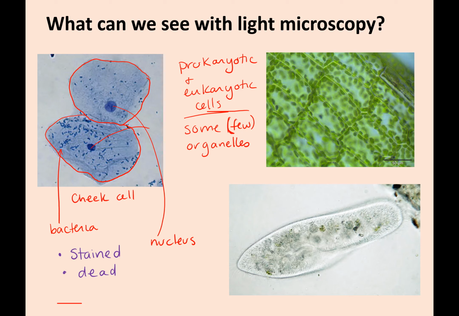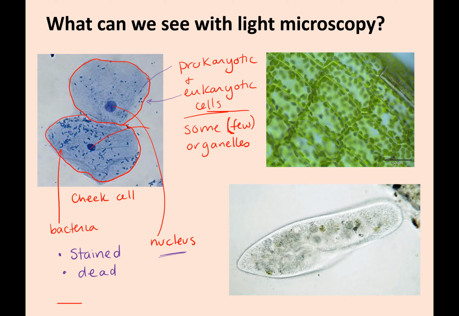So this is an example of where you can see both prokaryotic and eukaryotic cells, and you can see the nucleus as an example of an organelle. One thing I want you to see is look how small bacteria are compared to your large cheek cell.